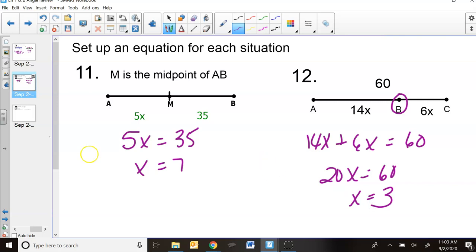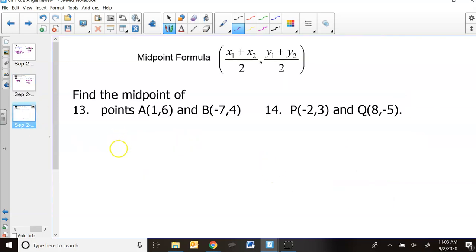Okay, one last set of information. Remember the midpoint formula. Okay, remember we talked about that if you want to average two grades, you're just going to add those two grades and divide by 2. Okay, this has two parts to it because there's the x's that have to be averaged and the y's that have to be averaged. Okay, so I'm going to start by doing the x's. Okay, so on number 13, those are my x values, so I'll add those together first.